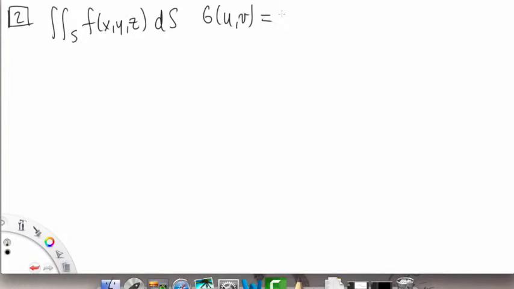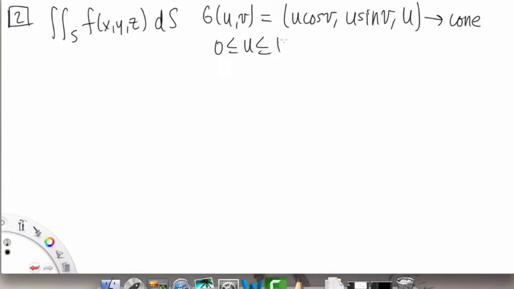So g of u, v equals u cosine v, u sine v, and u. Alright, so you might or might not recognize this as the parameterization for a cone, okay? And we're also given that u ranges from 0 to 1, and so does v. So pretty simple bounds here, so that's good.